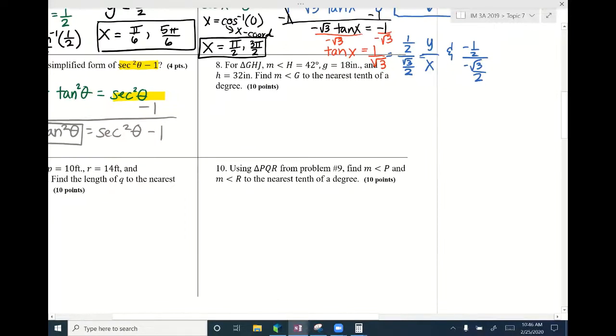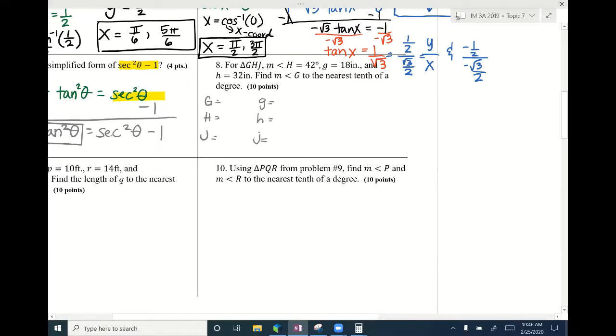For problem 8, I'm looking at a triangle, GHJ. So let's lay out all of our angles. Triangle GHJ.